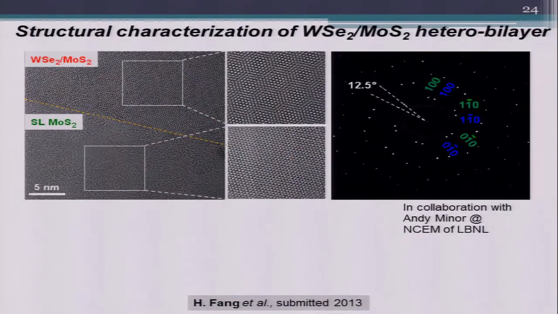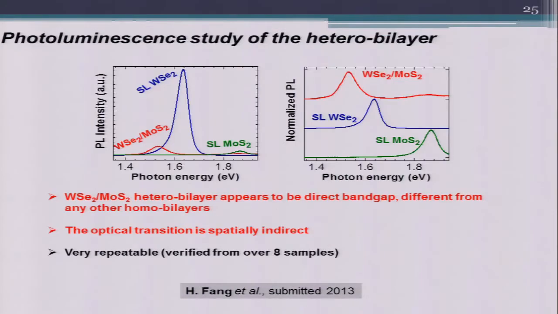From the high resolution TEM, at least at this scale, you can see that the interface is very clean. We know how to transfer these things pretty cleanly, at least down to this scale. We have to characterize a larger area, and that's why you can see a clean moire pattern between these bilayers.